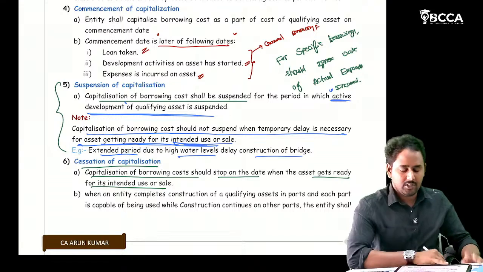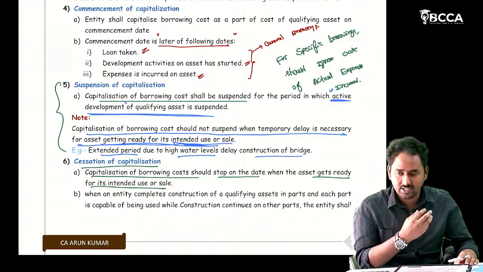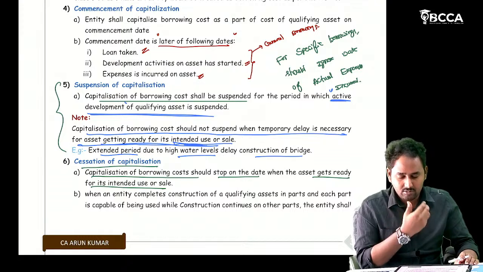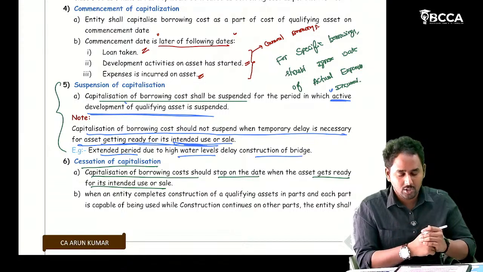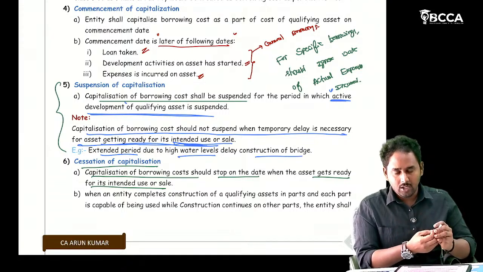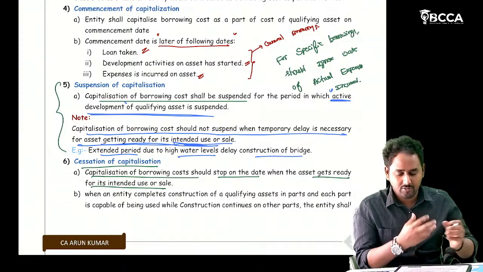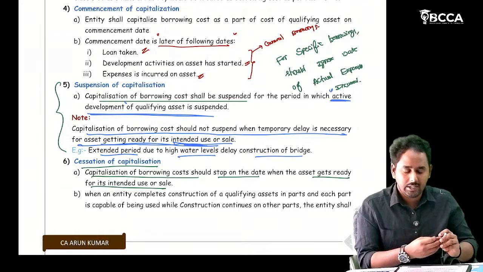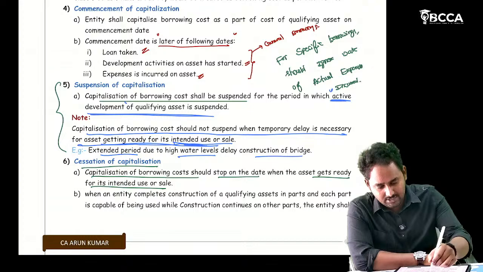Whatever time I have taken for the completion of the bridge is necessary, because when there are high water levels I cannot construct the bridge. So that's why I have stopped the construction activities for some time. Even though this happens, the construction is delayed for a purpose which you cannot avoid. In that case, that interest cost should be added to the cost of the asset. This is the formula.